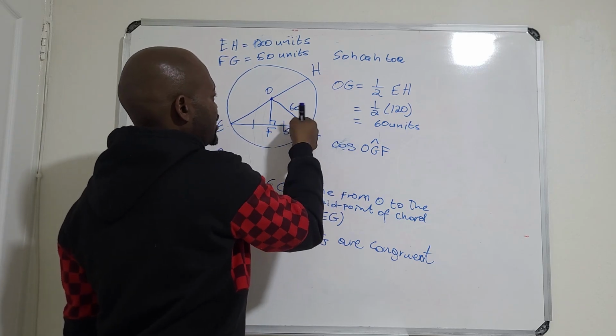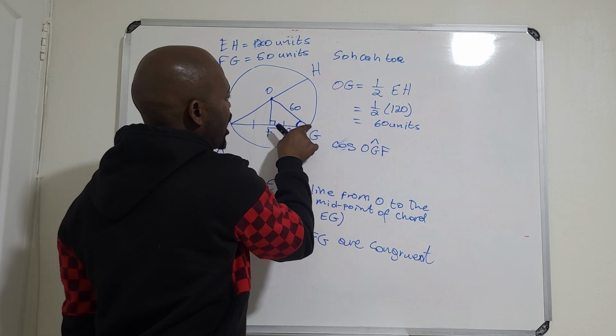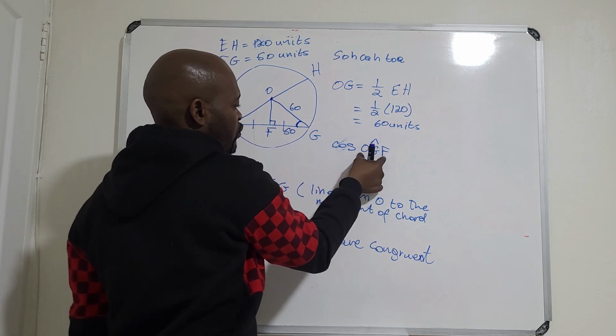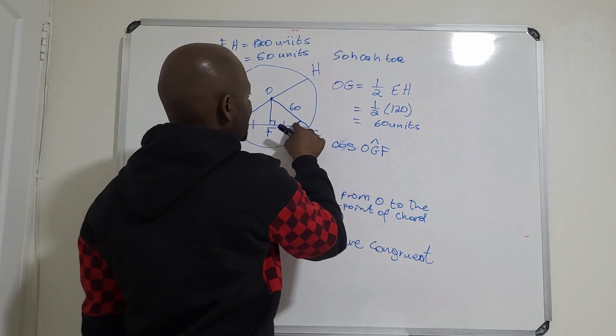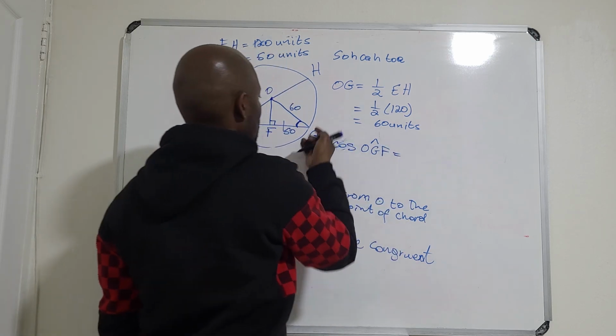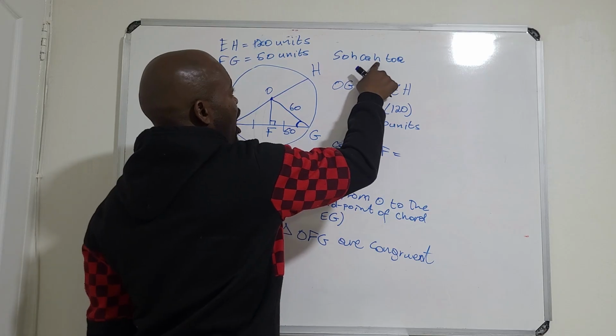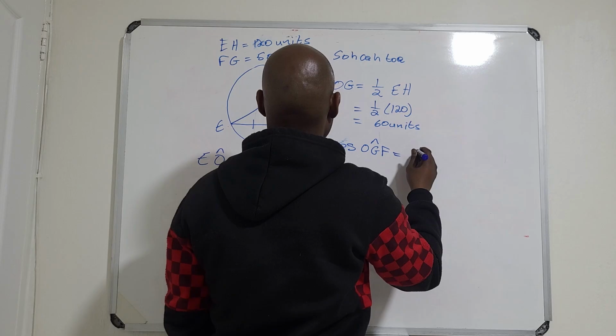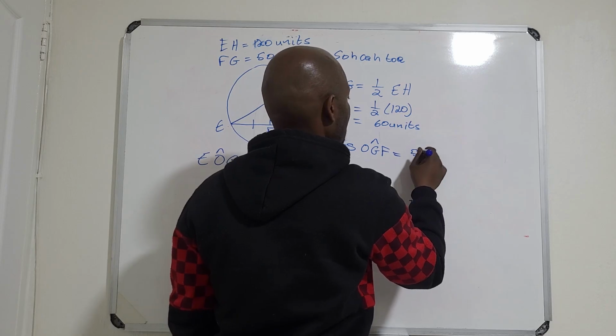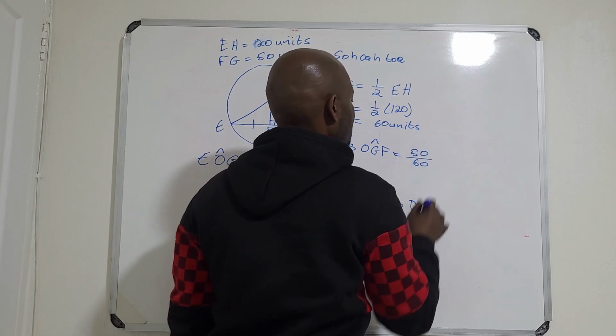Cos of this angle, and this angle is angle OGF. Therefore, cos of this angle is equal to adjacent over hypotenuse. Our adjacent is 50 and our hypotenuse is 60, so it is 50 over 60.